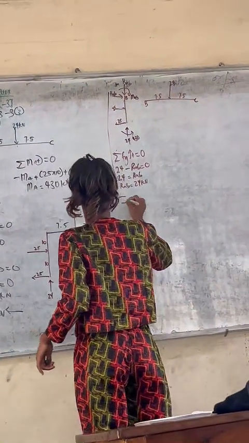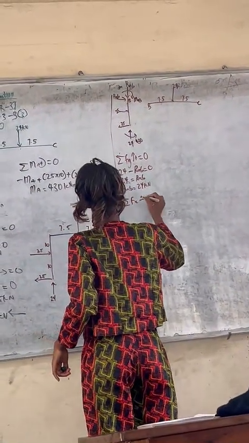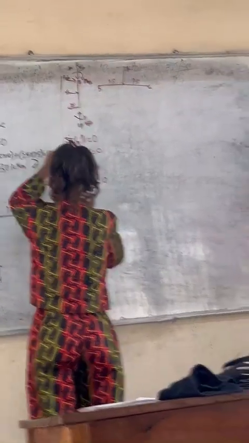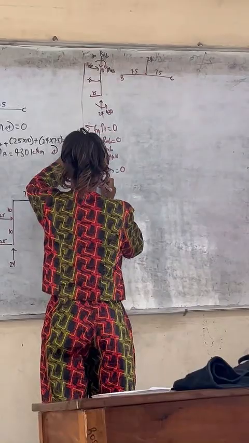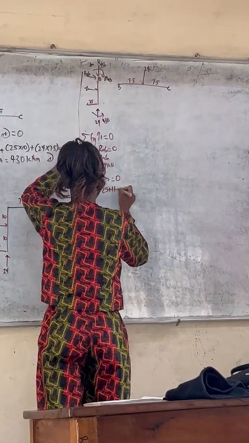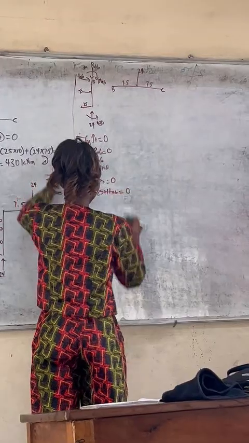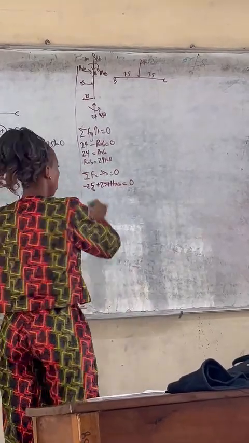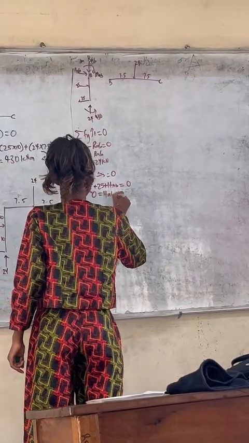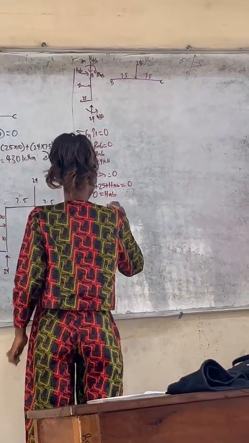The next one, summation of horizontal forces. So we have negative 25 plus 25 plus HAB equals 0. Negative 25 plus 25 equals 0. So now this is telling us that our HAB is equal to 0.